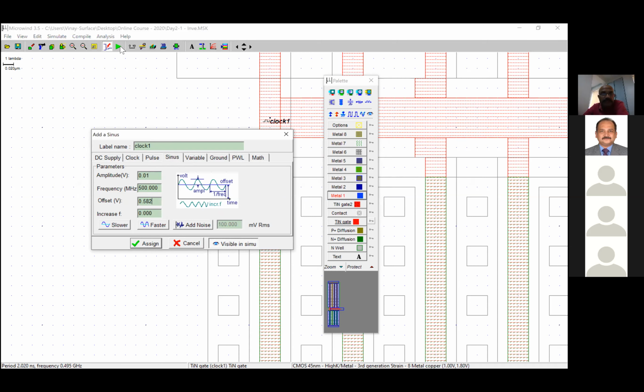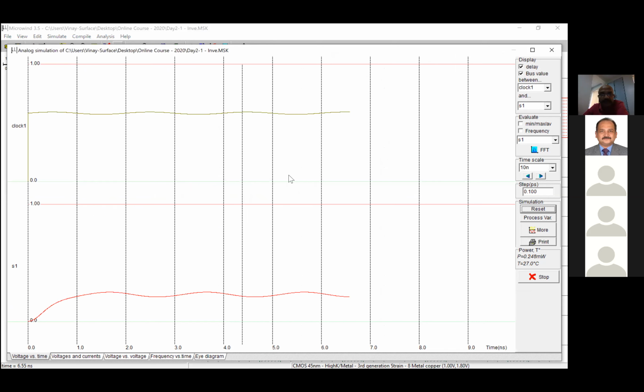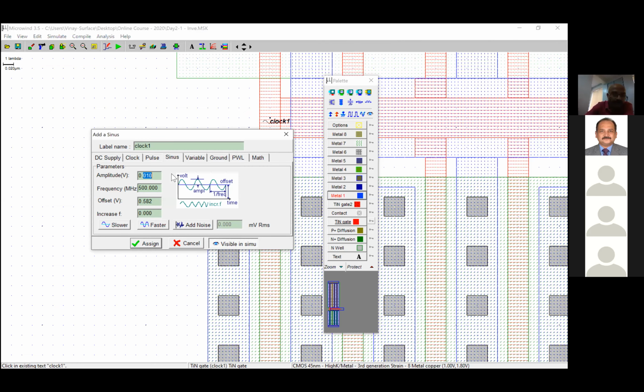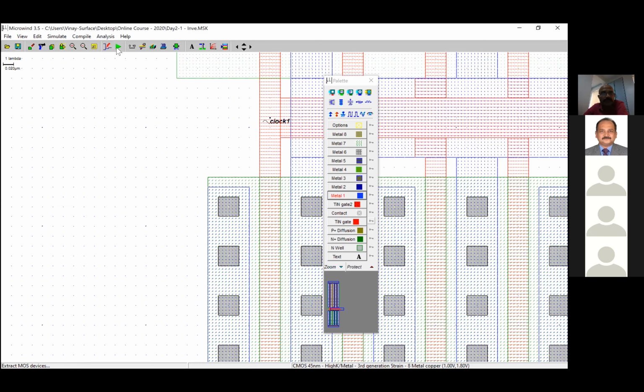Now when I simulate this design, you see a very small sinusoidal waveform being amplified to a bigger one. Maybe I should increase the input voltage so that I can see a drastic change in the output. So I'll make it 0.05. Multiplied by 5, it should be 0.2, not enough maybe again.